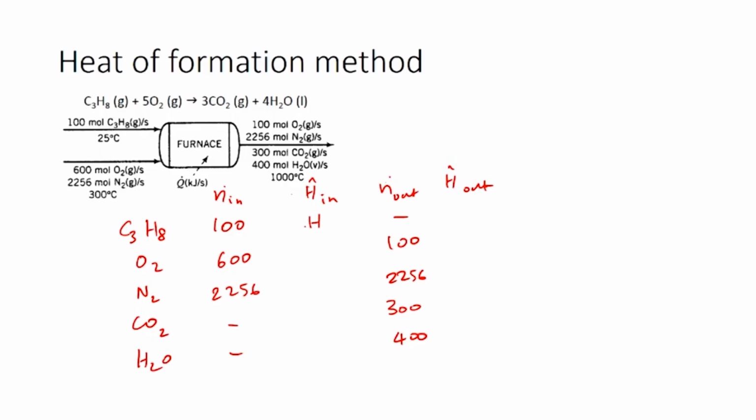So, let us for the time being not worry about the temperature. We will just assume all these temperatures to be at 25 degrees Celsius only. As I said, we are not worried about accounting for the change in temperature, because that is anyways accounted for in both the techniques the same way. We are only interested in knowing how the reaction itself is accounted for. So, for the time being, we will assume these components to also be at 25 degrees Celsius.